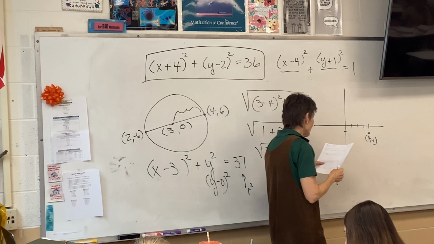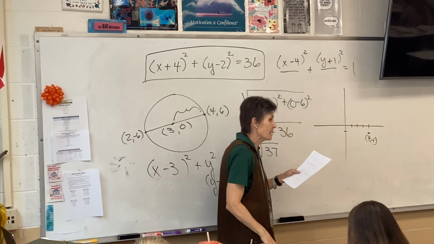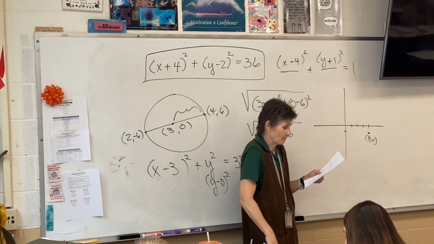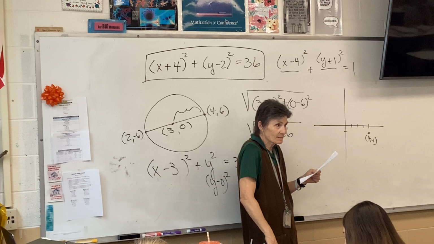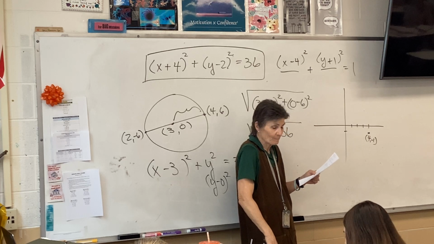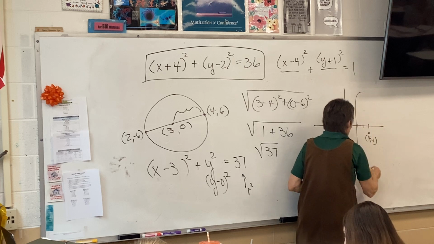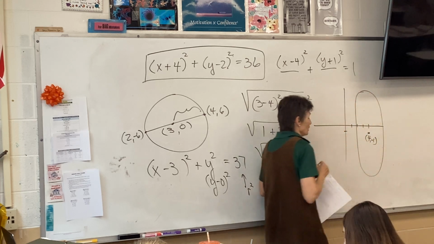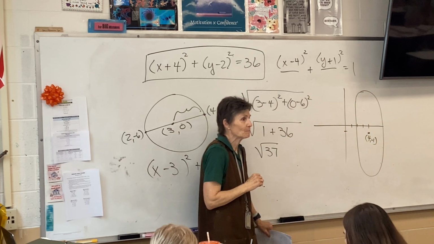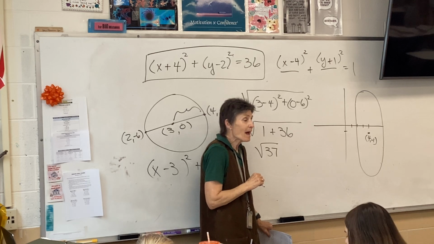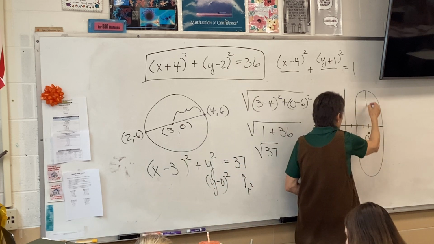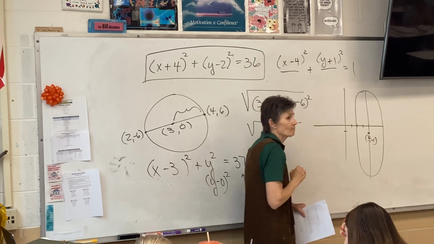The major axis has a length of 16. The minor axis has a length of 4, and it is stretched vertically. So I'm not sure about any points or anything, but it looks like that. Would you agree with that? That means that this is my major axis.